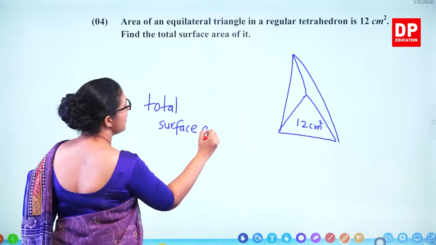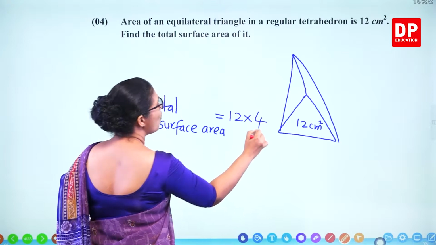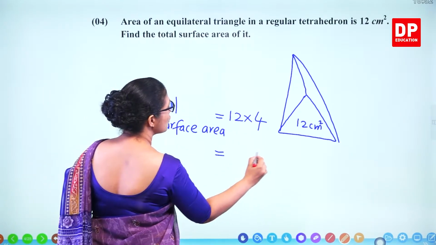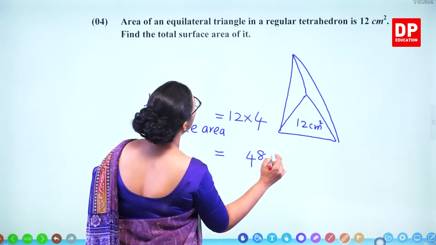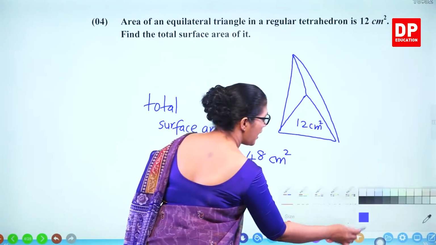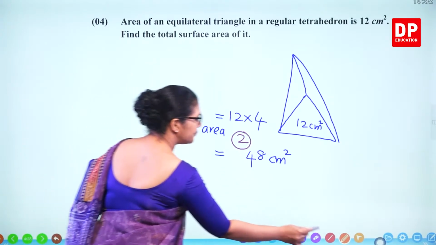Total surface area is equal to 12 times 4, because 4 triangles are there for a tetrahedron. 4 times 2, 8. 4 times 1, 4. 48 square centimeters. That's the area. So 2 marks for that.